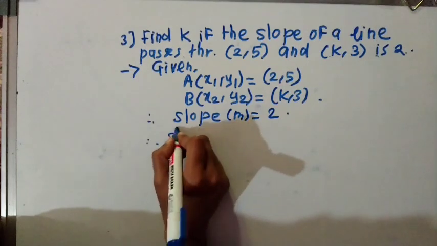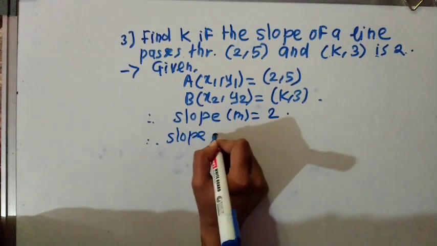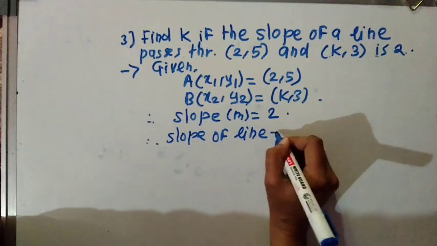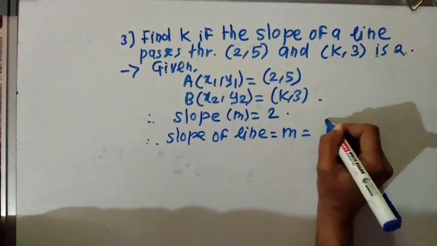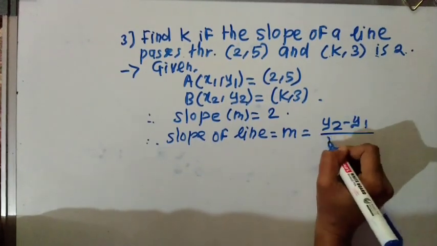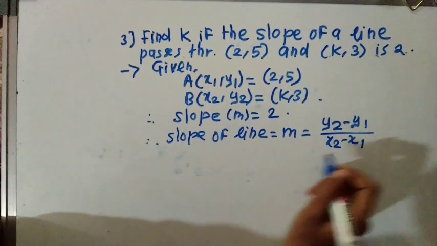Then the slope of the line is m is equal to (y2 minus y1) upon (x2 minus x1).